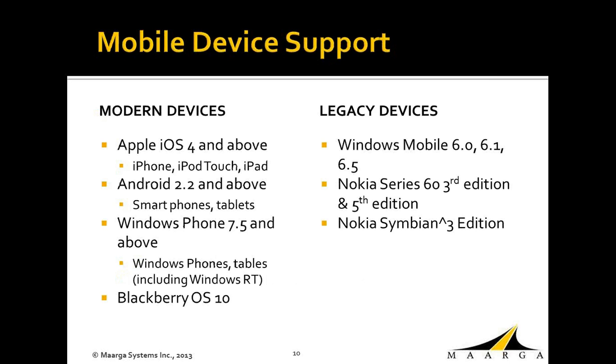And the mobile device support. As you can see in the slide, almost all popular modern smartphone devices are supported. Apple iOS 4 and above, that means your iPhones, iPod Touch, and iPad running iOS version 4 and above will support Traveler, as well as Android 2.2 and above, both Android smartphones as well as tablets are completely supported.